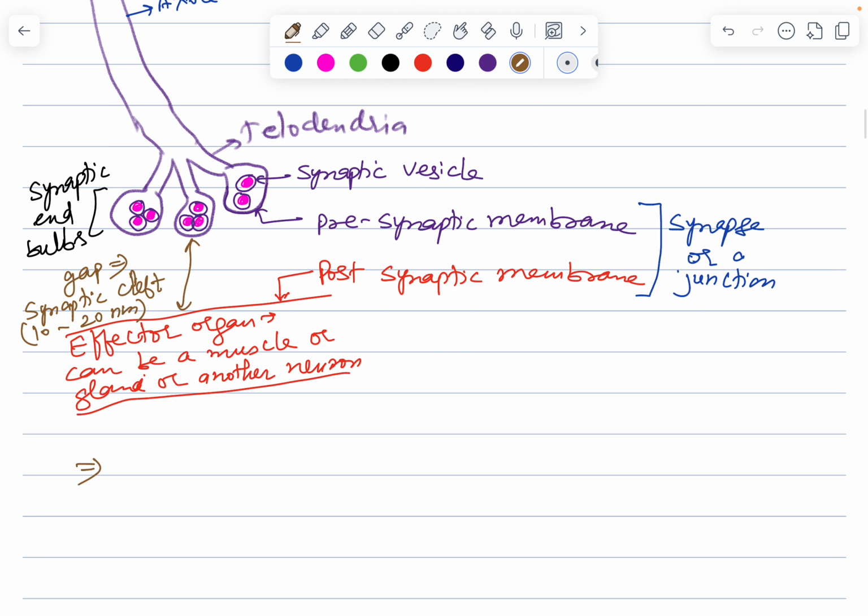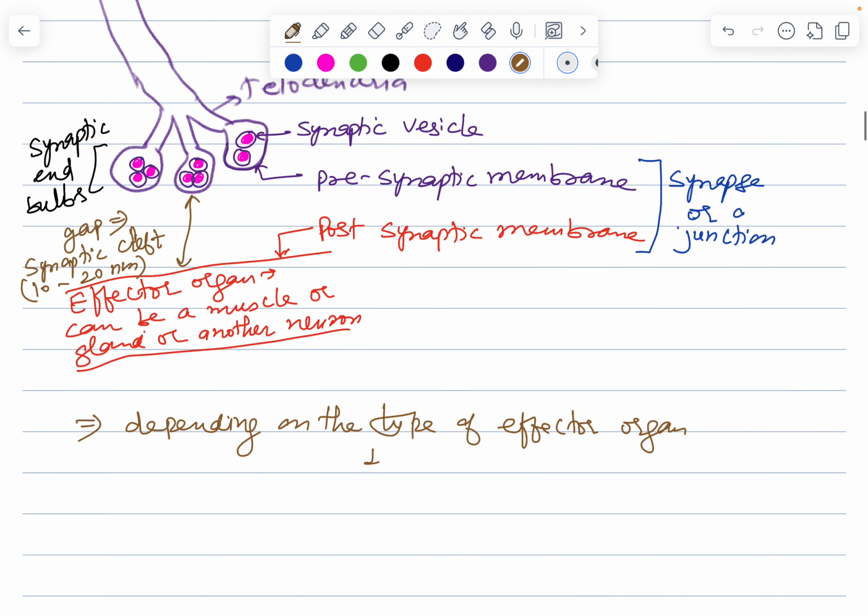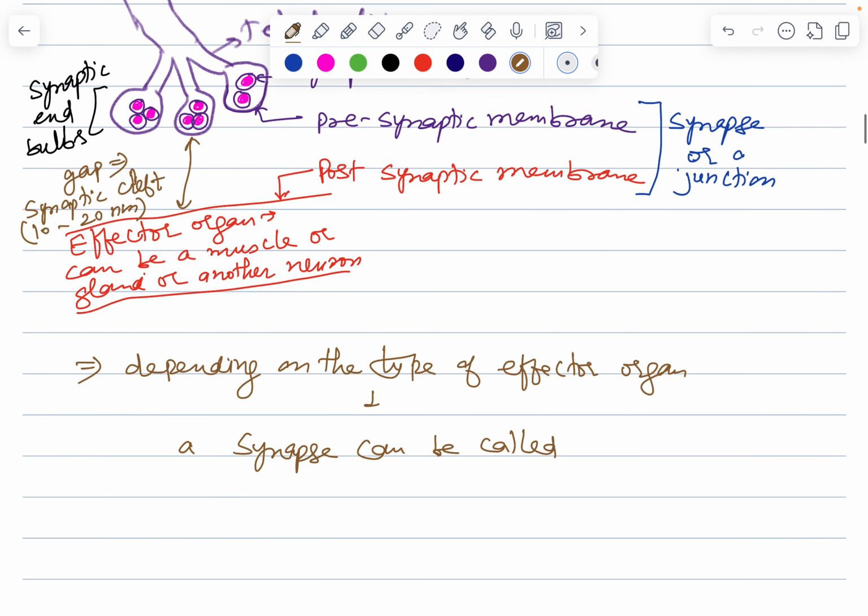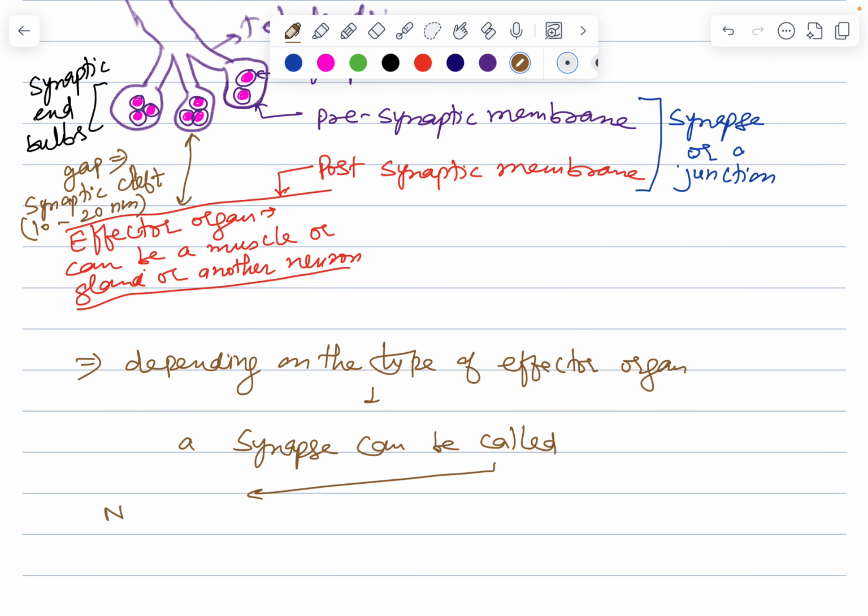So depending on the type of effector organ, a synapse can be called a neuromuscular junction, which, as the name suggests, is a synapse involving a neuron and a muscle as the effector organ.